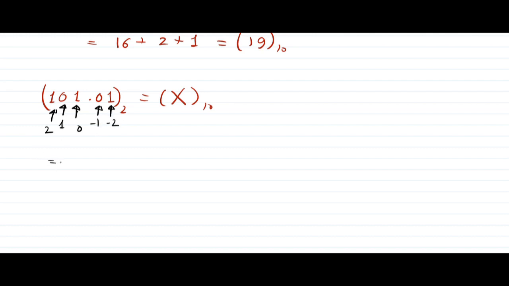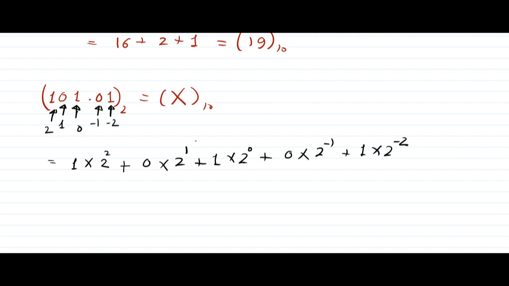So the expansion will be 1 multiplied by 2 raised to power 2, plus 0 into 2 raised to power 1, plus 1 into 2 raised to power 0, plus 0 into 2 raised to power minus 1, plus 1 into 2 raised to power minus 2.